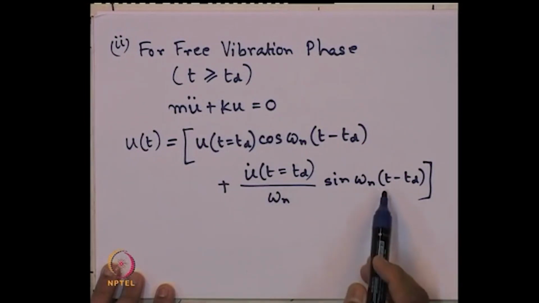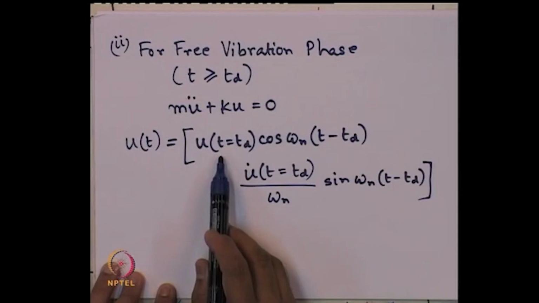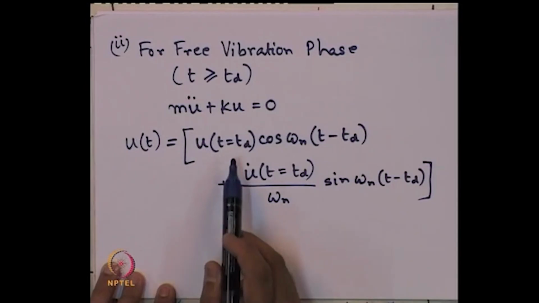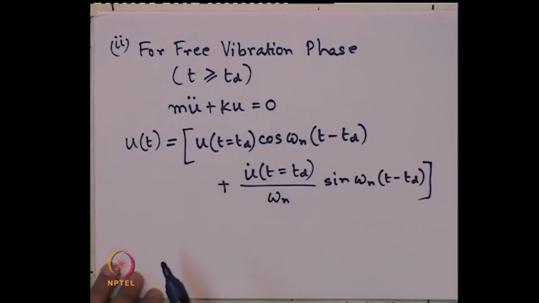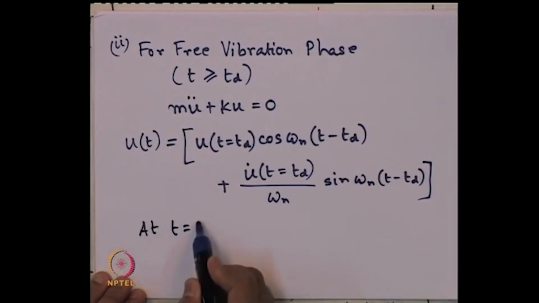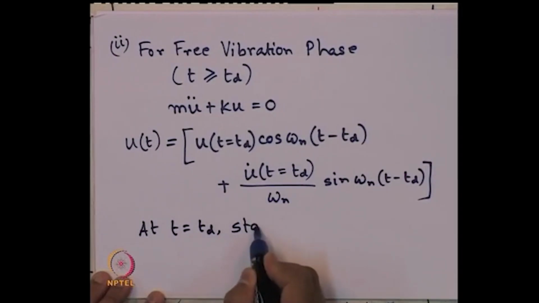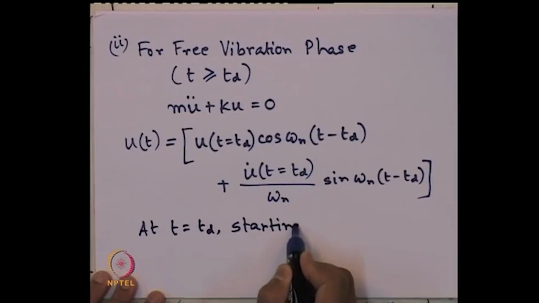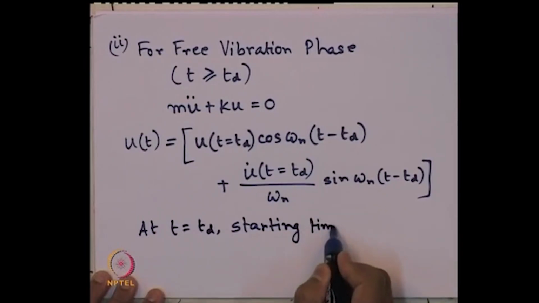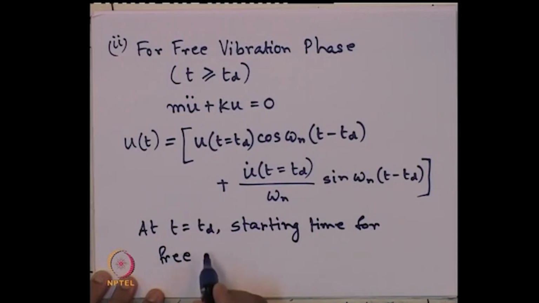In this case, t is beyond the time T d, so t has been replaced by t minus T d, and the initial time has been taken where the condition t equals T d existed. So, at t equals T d, it is the starting time for the free vibration phase.